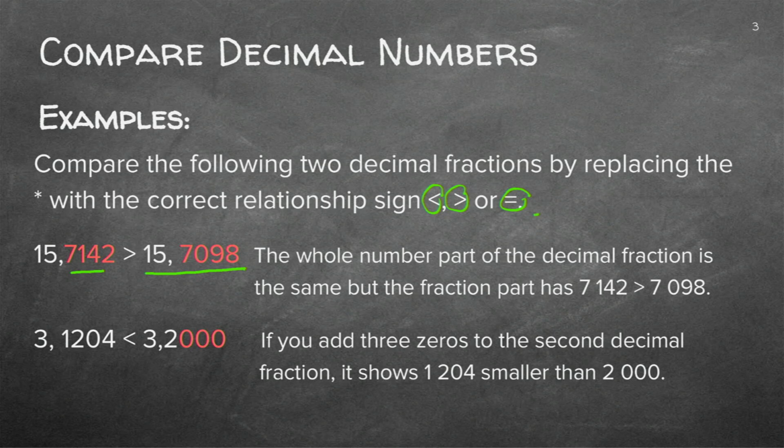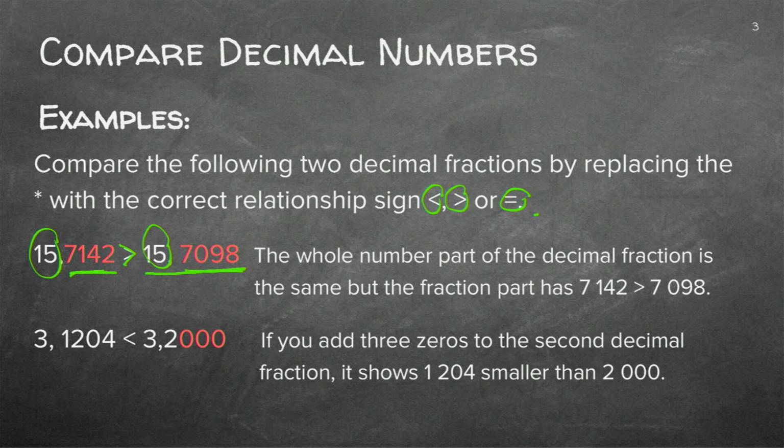So that's so easy to do because we can see that the whole number portion is the same. So all we have to do is to compare 7,142 with 7,098. So then it's much easier, right? So then we can see, yes, this one is larger than that one, the 7,098. Cool.